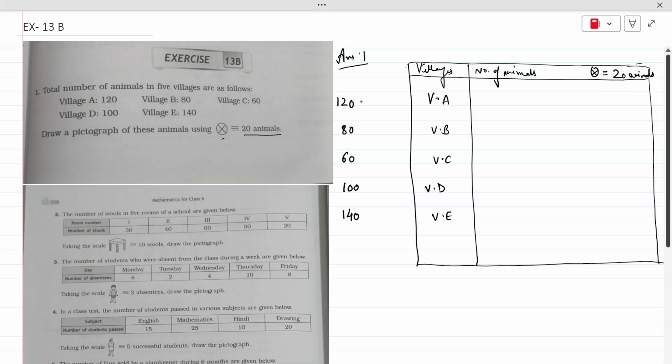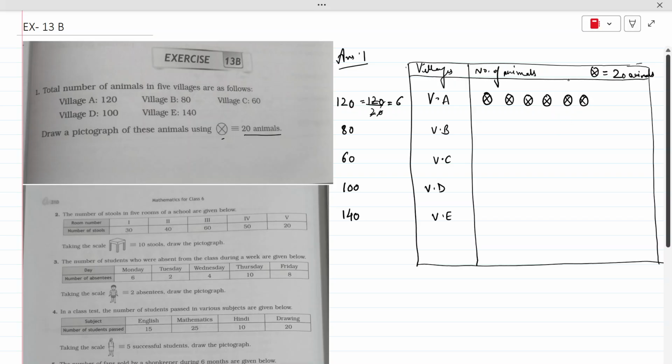So if I have to know how many crosses I have to draw here for 120, we will divide this 120 by 20. So this is going to give me the number of crosses we have to draw. This is 6. So we have to draw 6 crosses here. 1, 2, 3, 4, 5 and 6.